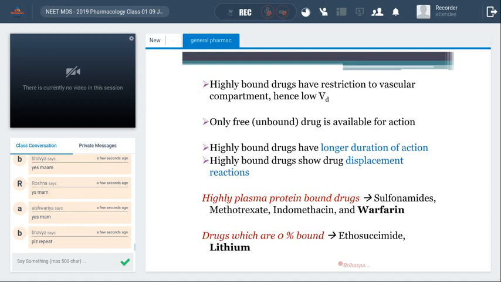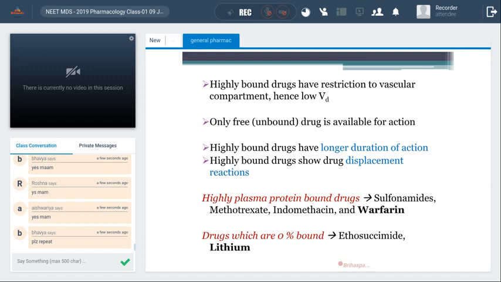Plasma proteins are the ones which are in the plasma. So they have less volume of distribution to the tissues. So a drug which has high plasma protein binding will remain more in the blood and less in the tissues. Okay. So it is easier for us to remove this drug in case of toxicity. I told you for high VD drugs, we only do hemodialysis and not anything else.